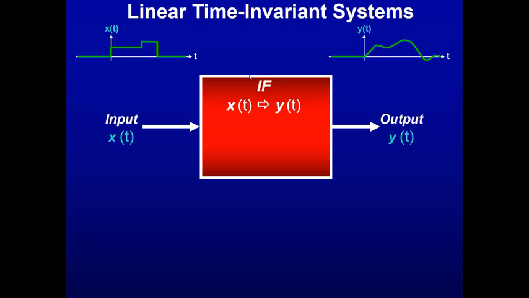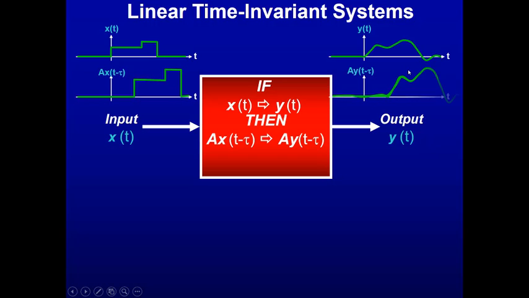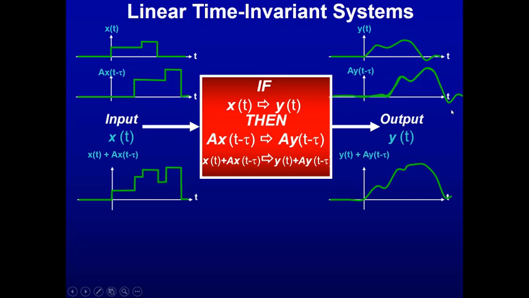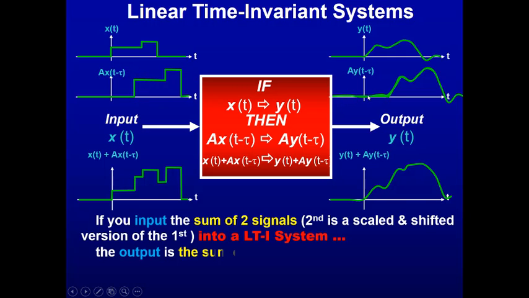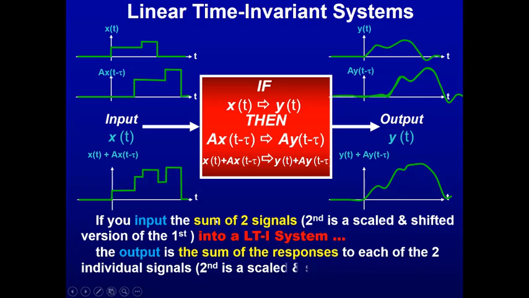So for example, if we have a complicated signal and we know its output, and I put a scaled version of that signal in, I know my output's going to be a scaled version of the original output. And if it's delayed and scaled, the output is a delayed and scaled version.